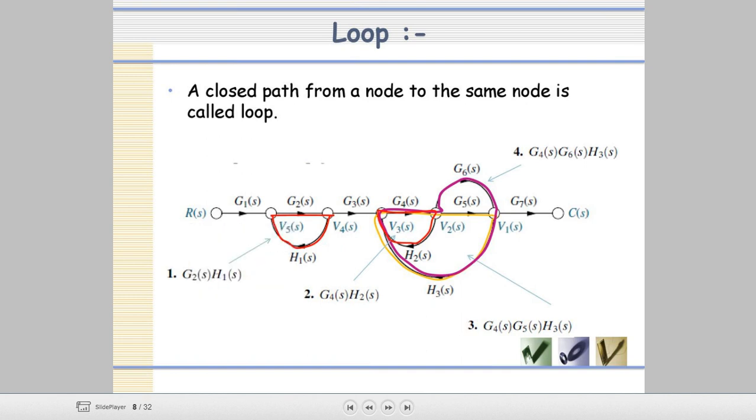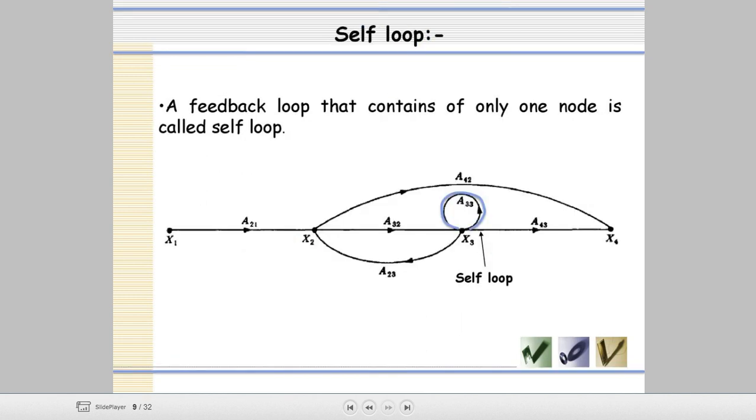G2 into H1 of S will be the loop gain. G4 into H2 of S will be the second loop gain. Third loop gain, this loop, G4, G5 and H3, this yellow loop. Then finally this G4, G6 and H3. In this way we can calculate the loop and loop gain.